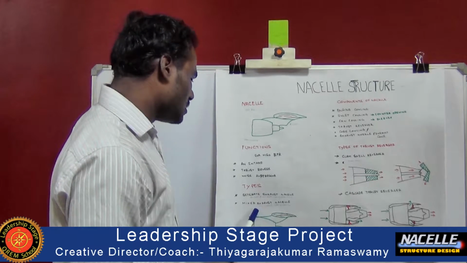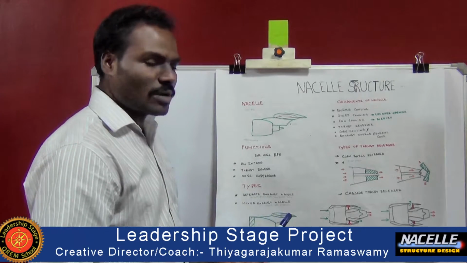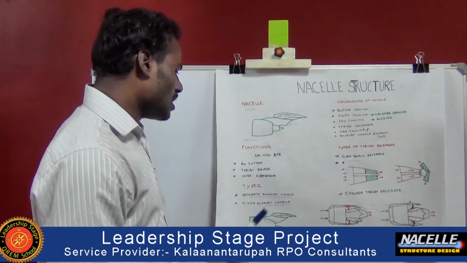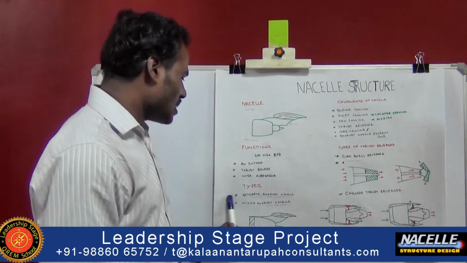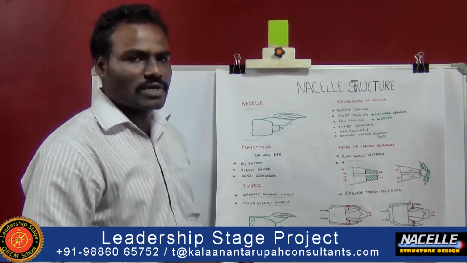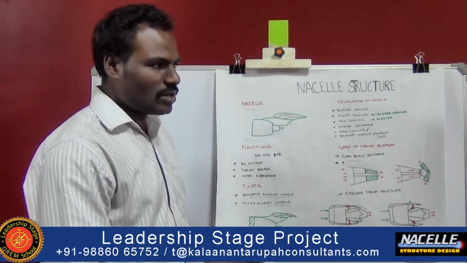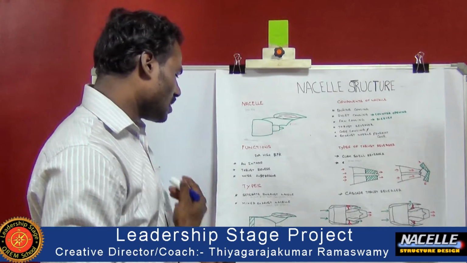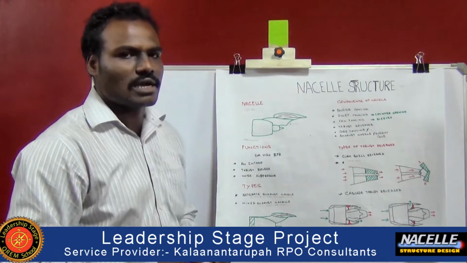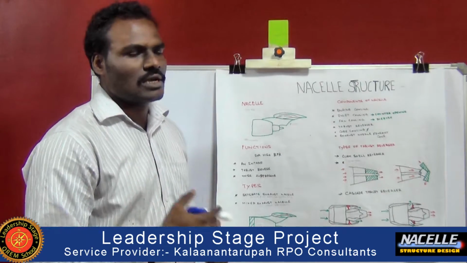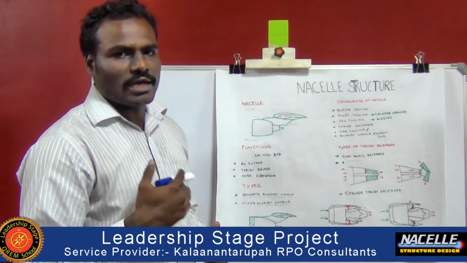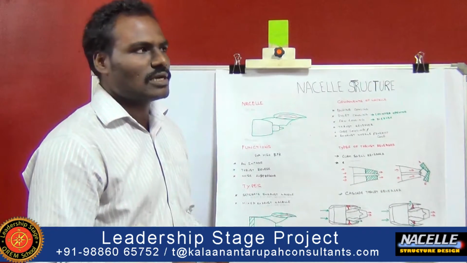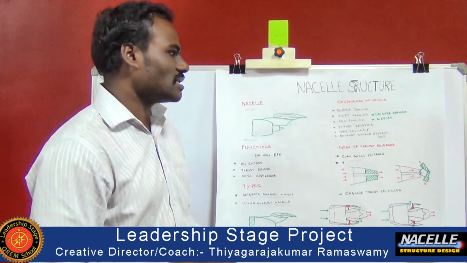For better performance we go for a mixed exhaust nozzle, as well as for low friction drag we use a separate exhaust nozzle, which is used in the local aircraft we use day to day, whereas the mixed exhaust nozzle is mostly used in high performance engines, as well as those required for trading purposes.